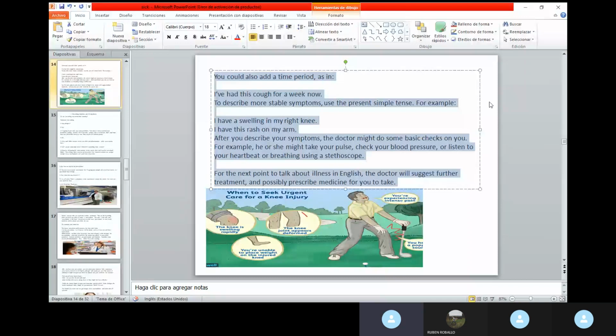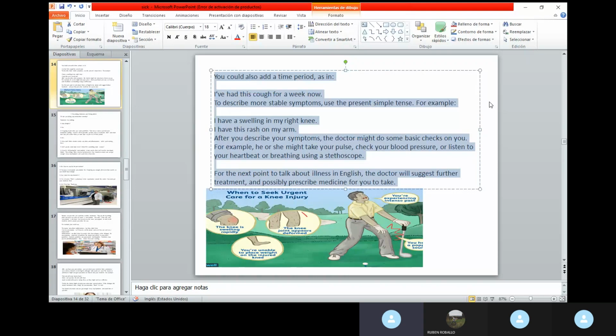Okay, you could also add a time period. You've had this cough for a week now. To describe more stable symptoms, use the present simple tense. For example, I have a swelling in my right knee. I have this rash on my arm. After you describe your symptoms, the doctor might do some basic checks on you.